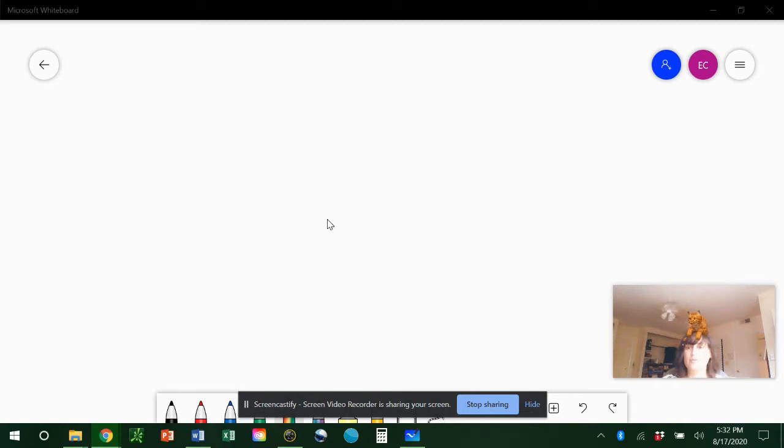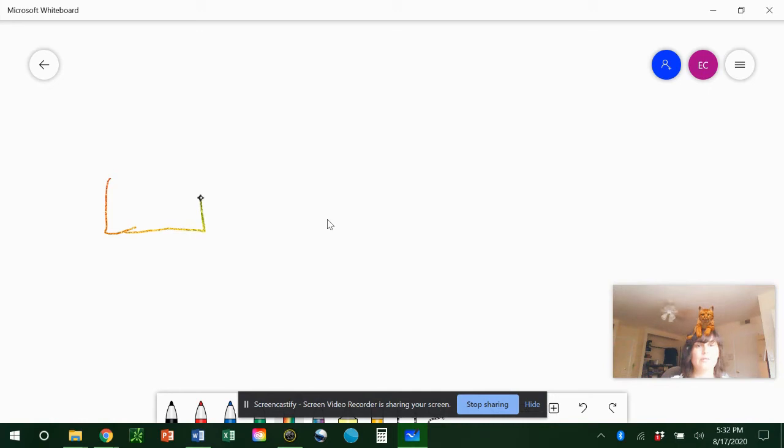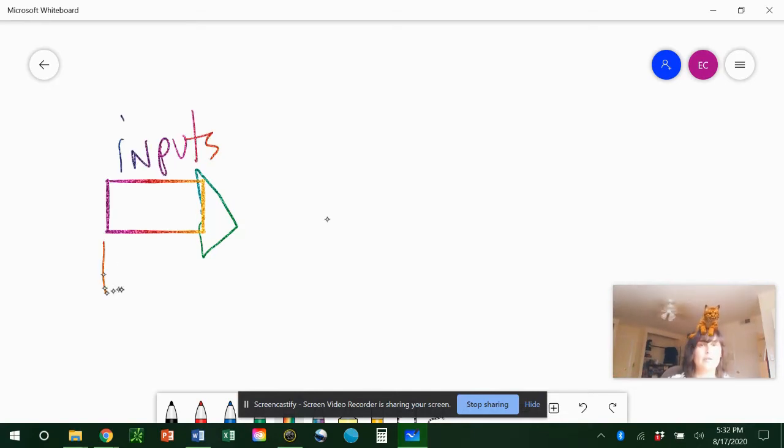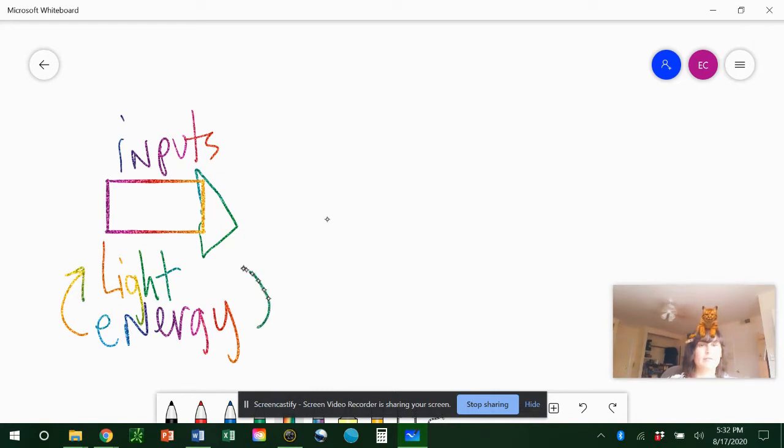Okay, so the reason why I have this white screen is actually to keep track of what we've been discussing. Okay, so far we have inputs, we have energy in the form of light and heat.